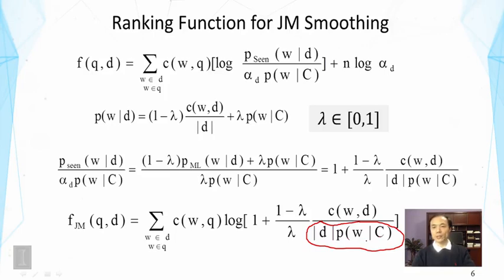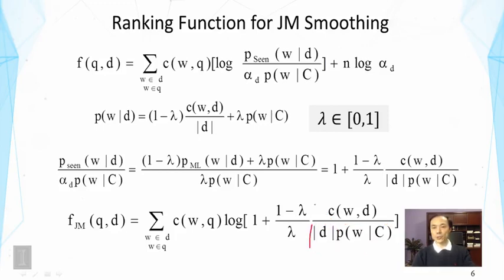So this can be interpreted as the expected count of a word. If we draw a word from the collection language model, and we draw as many as the number of words in the document, the expected count of a word w would be precisely given by this denominator.